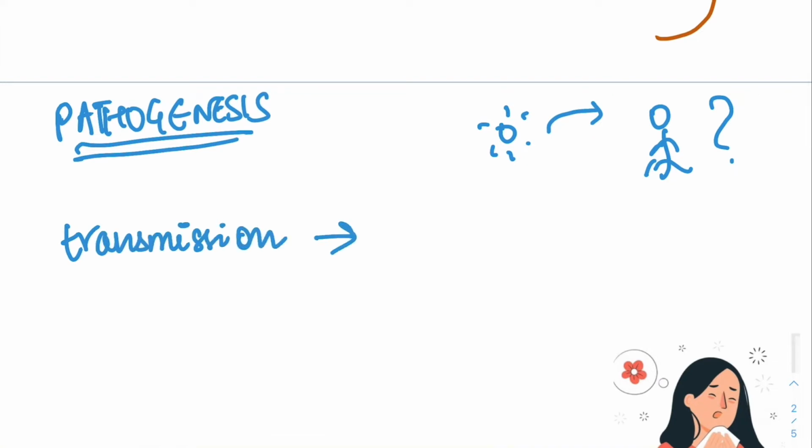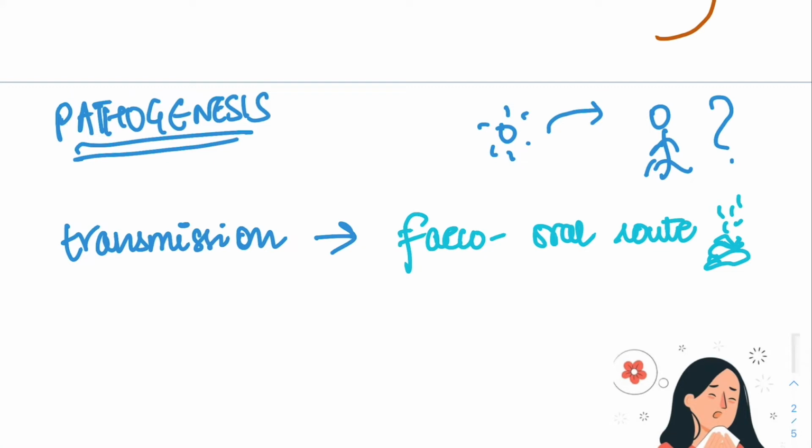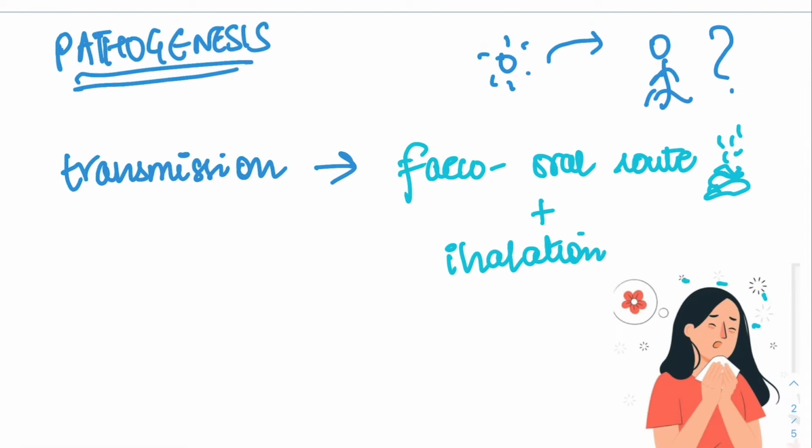The virus can enter via the fecal-oral route, where the contaminated feces of one infected person is transmitted to a normal person via ingestion. Or it can be transmitted by the inhalation route, where an infected person sneezes and the droplets are inhaled by a normal person. These are the two ways in which a normal person can get infected.